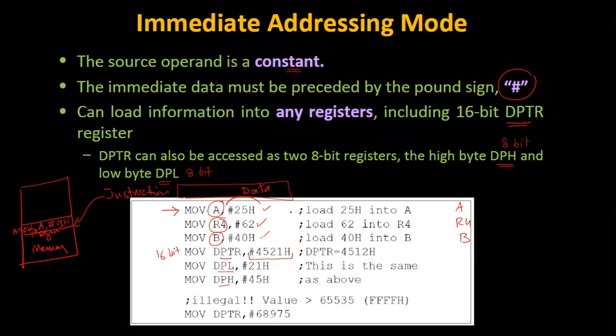So what is wrong? For example, if I write here MOV A, #4521H. So tell me, is this right or wrong?